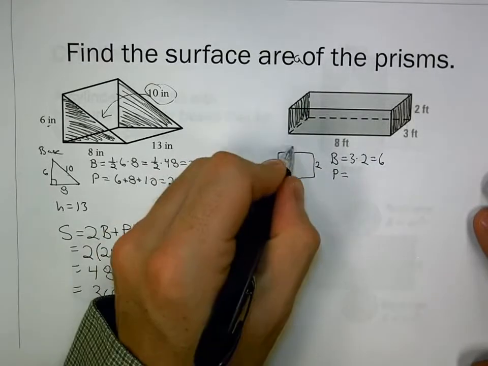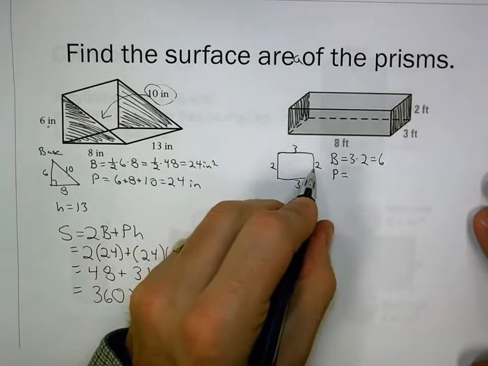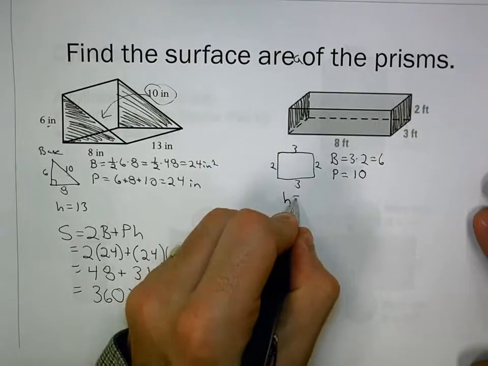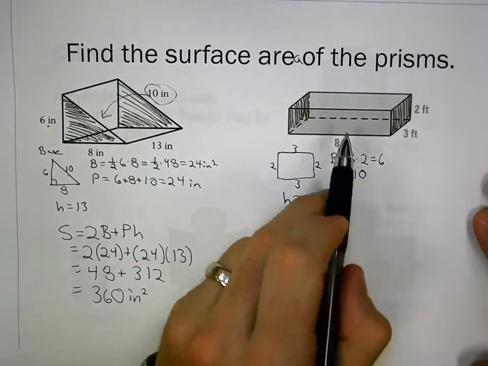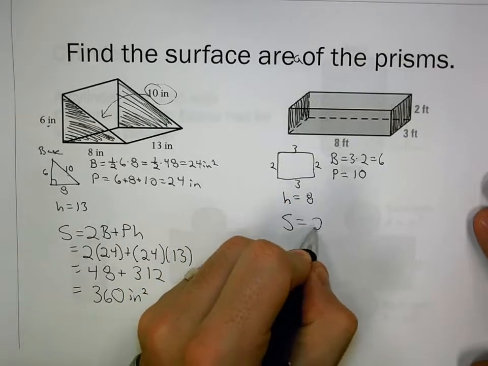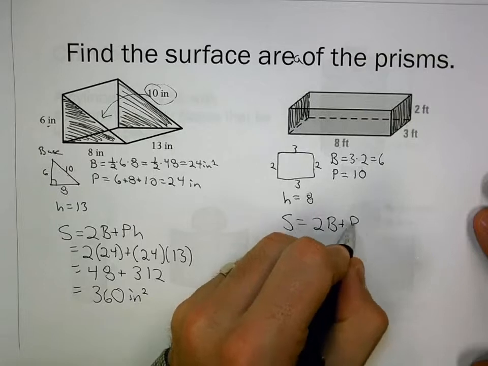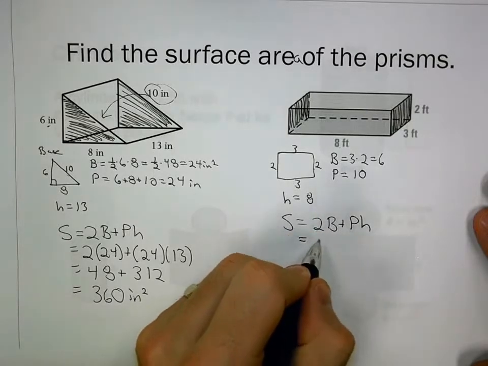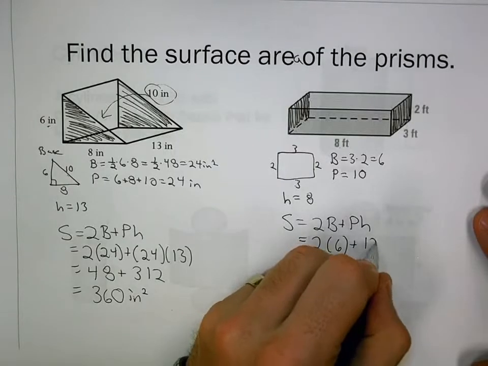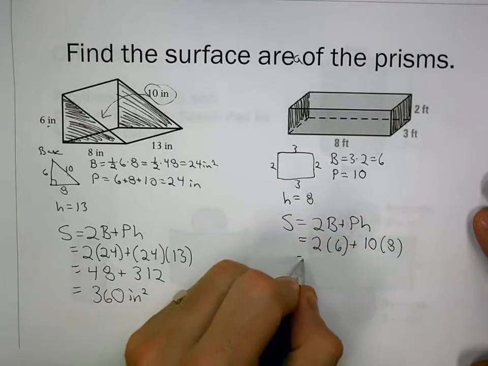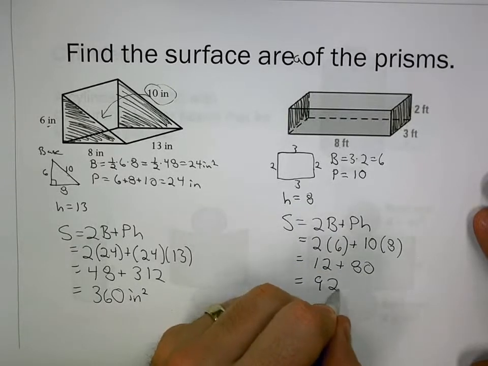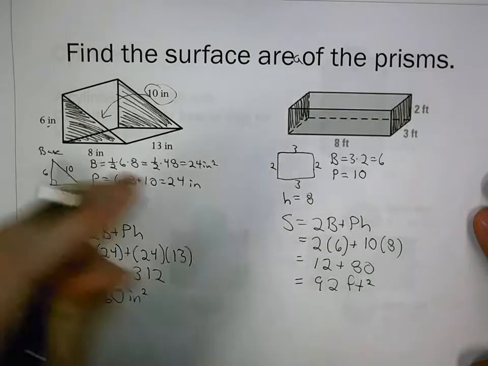My perimeter of my base, 3 plus 2 plus 3 plus 2, is 10. And then the height, that distance between the bases, would be 8. So my surface area is 2 times base area plus perimeter times height. 2 times 6 plus 10 times 8 gives me 12 plus 80, which is 92 feet squared.